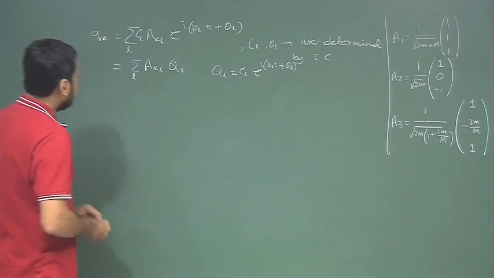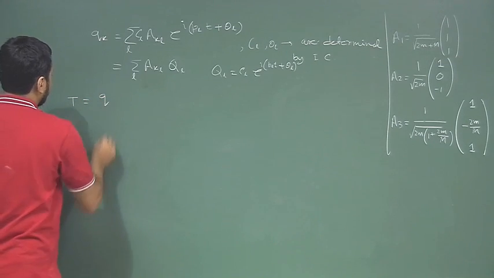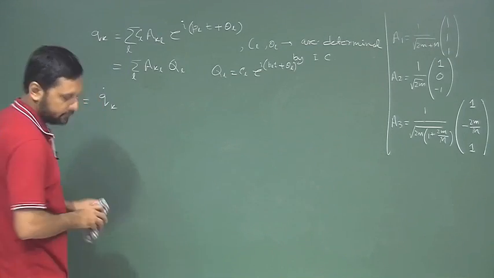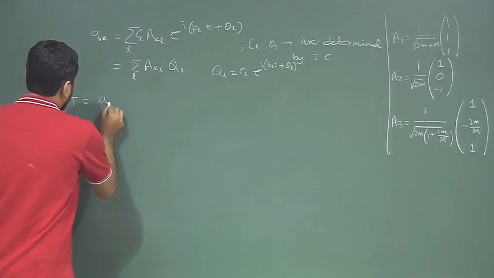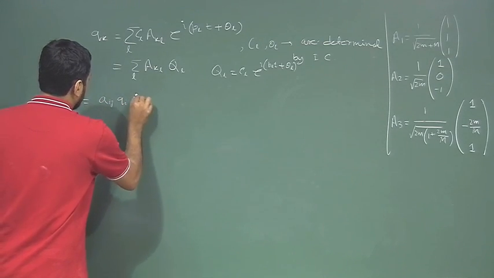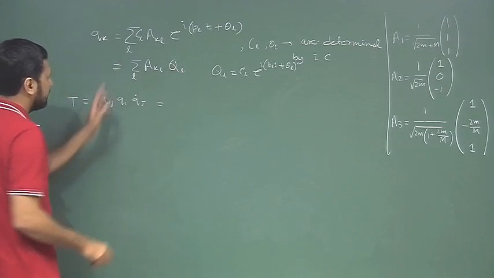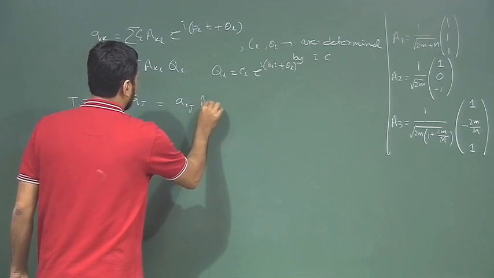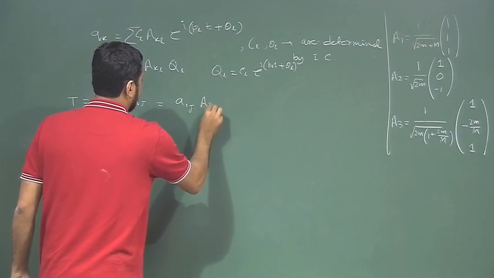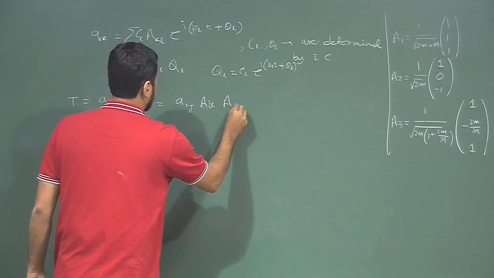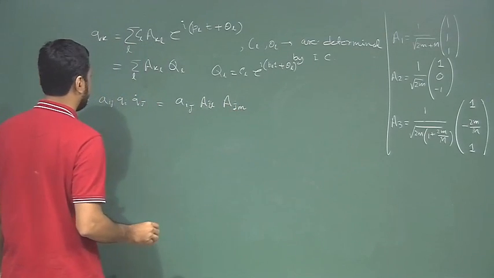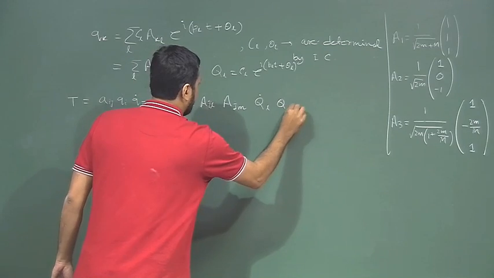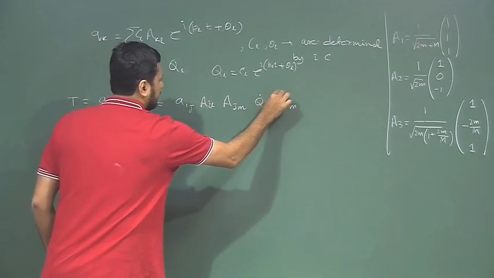Now, if I look at my kinetic energy, which is A_ij Q_i dot Q_j dot, in terms of this representation I can write this as A_ij A_iL A_jM Q_L dot Q_M dot.